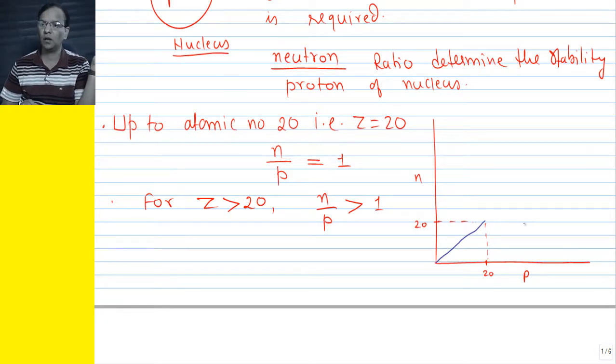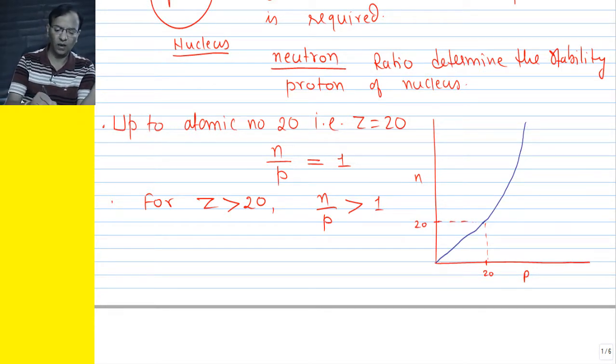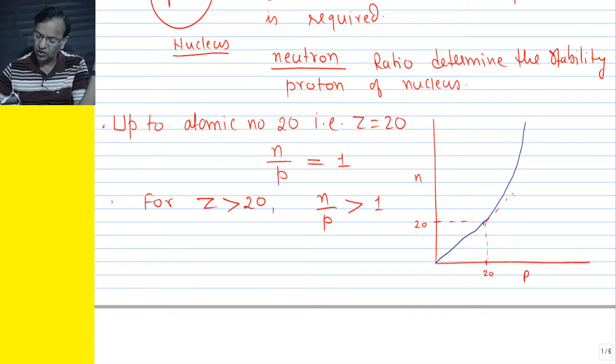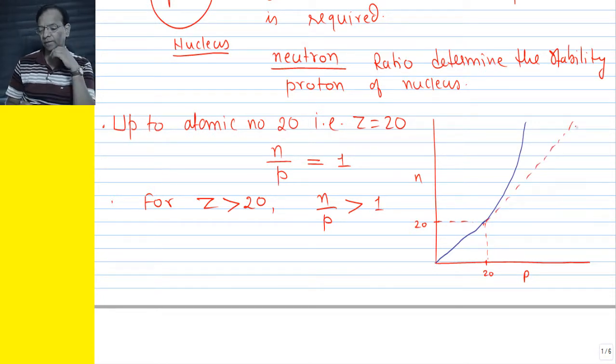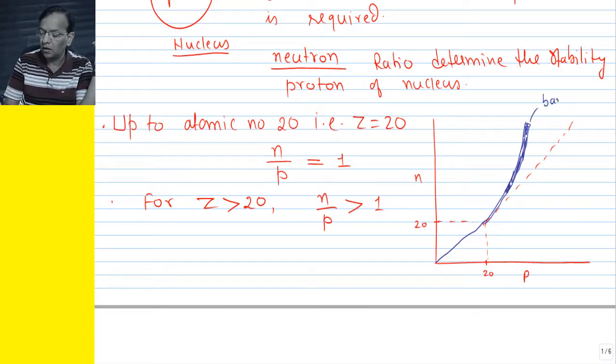So the curve will bend towards the y-axis. If we extrapolate as a straight line, this should have been the straight line, but the actual stability band is this. It is not a fine line, rather it is a band, and this we call the band of stability.